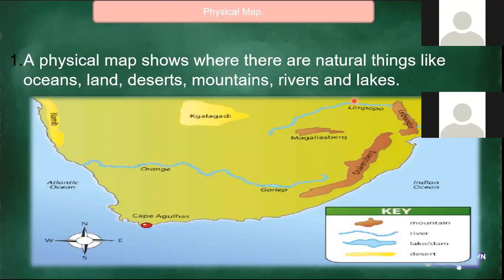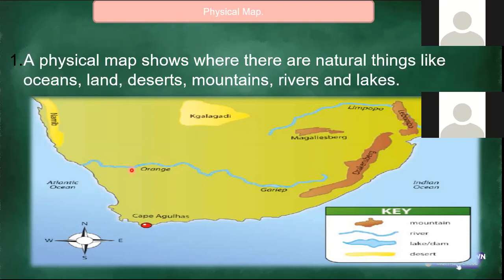Okay, so you can see here, the yellow part is desert. It shows that in South Africa, this part is a desert area. Here it shows the different mountains. We have the Drakensberg Mountain and then the Lebombo Mountain and things like that. And it also shows rivers. I told you that rivers are colored in blue. It symbolizes water. So a physical map shows natural things.